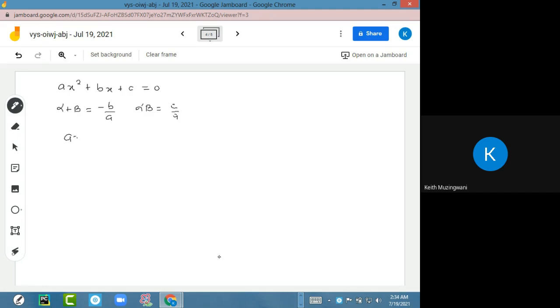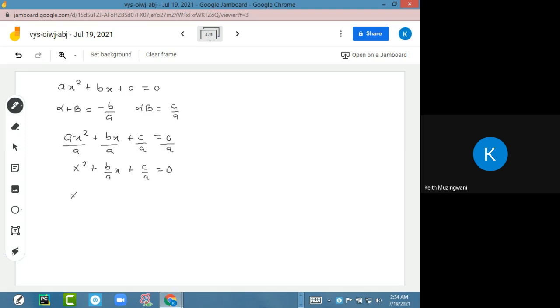If we try to divide, because we have a 0 on the other side, we're able to divide throughout by a and get x squared plus b over a x plus c over a is equal to 0.